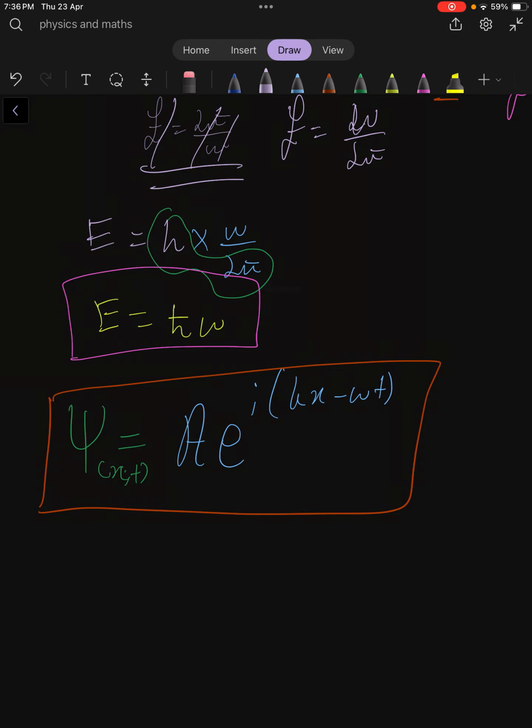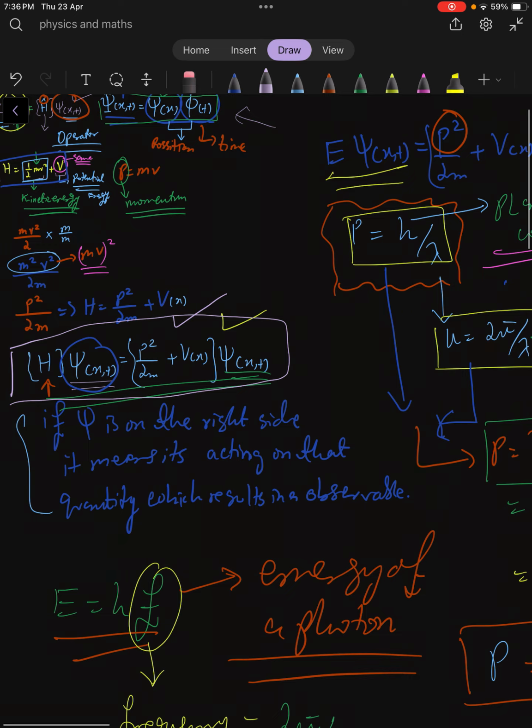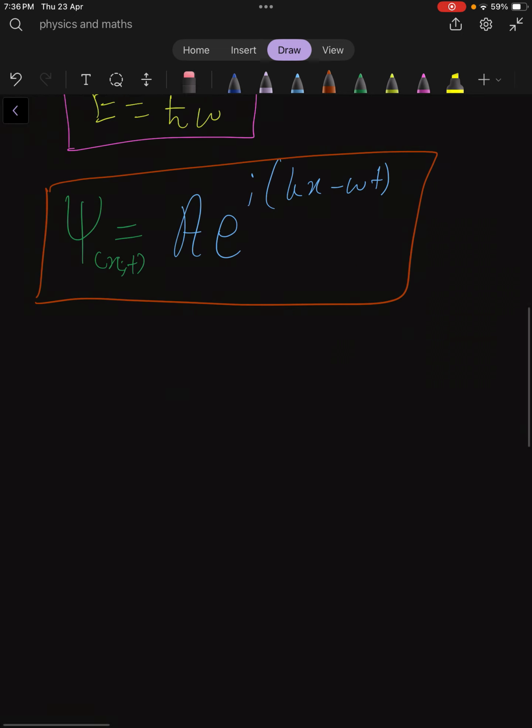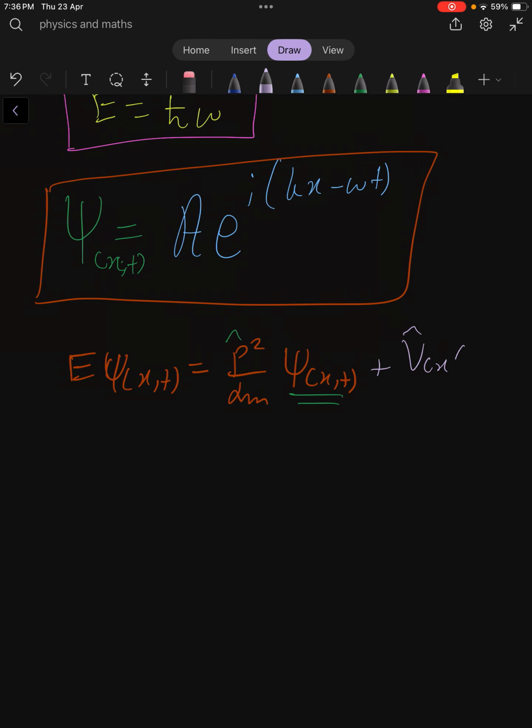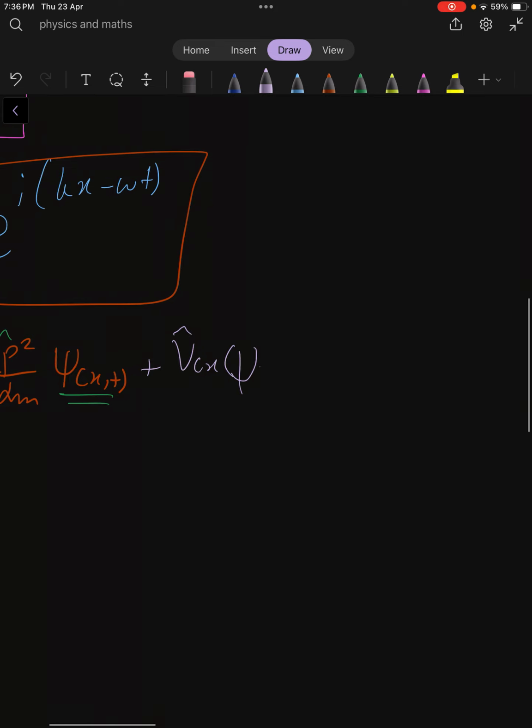Now, if I rewrite this equation over here, E psi of x and t is equal to p squared over 2m psi of x and t, plus V of x. Remember, whenever you multiply psi, this becomes an operator, and we get psi.